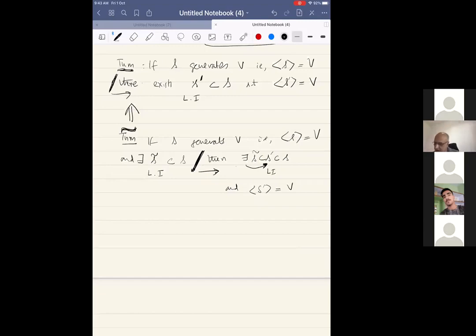Oh, wait, I think I've been too cryptic here. Let me write this explicitly. Then there exists a subset S prime of S such that the span of S prime is V, S prime is linearly independent, and S prime contains S tilde.